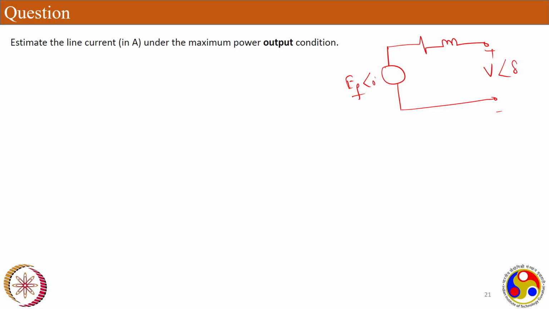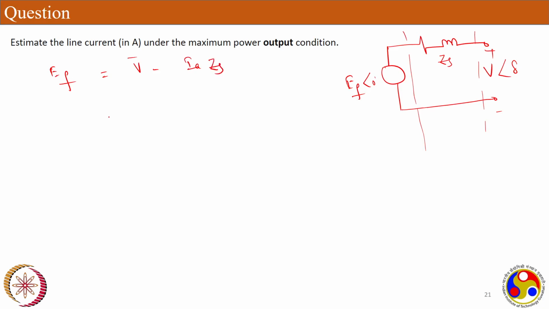So V at an angle delta and EF at an angle 0, and this is ZS, and this is the output and this is the input condition. So EF is equal to V minus IAZS.